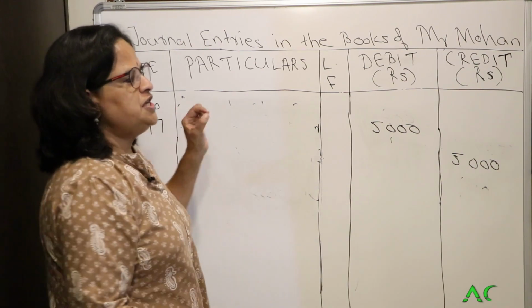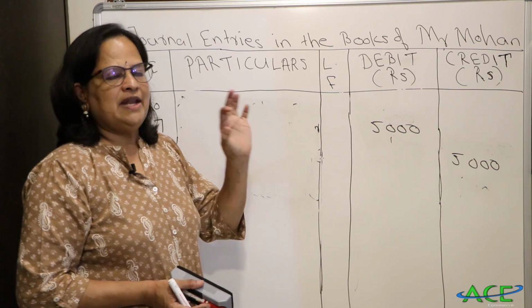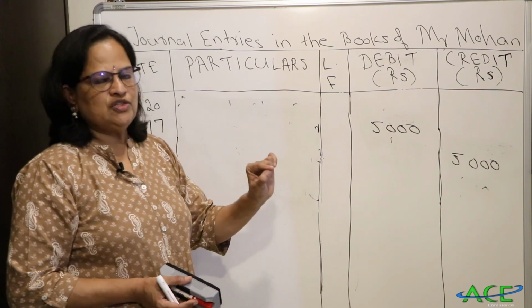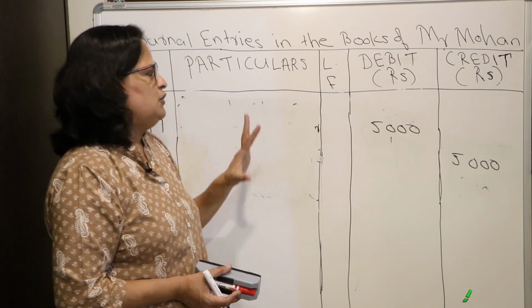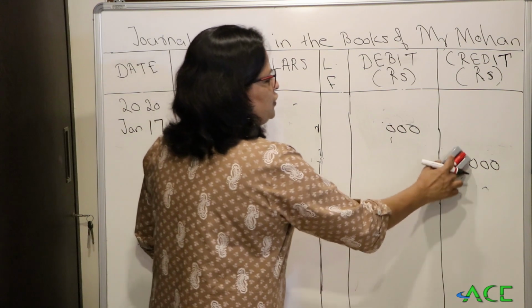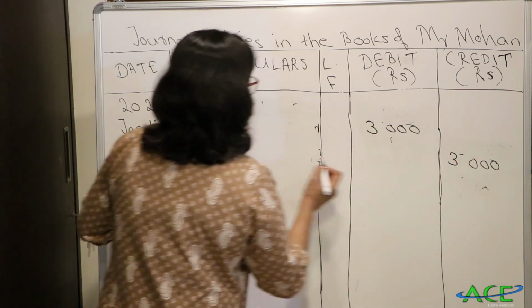Next transaction is interest on capital 3000 charged. Or they will give another piece of information: 60,000 is the capital, charge 5% interest. So the value is 3000. So how you are going to write the journal entry is interest on capital account debtor to capital account.